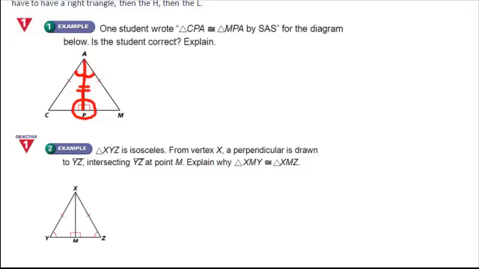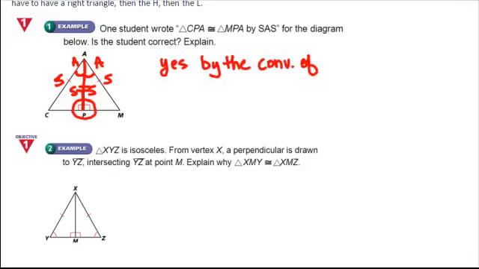And so we clearly do have a side, an angle, and another side marked. And we have a side, an angle, and another side marked. So the answer is yes. We can prove this congruent by side-angle-side. But you would have to have a few statements. So you would say yes, by the converse of theorem 4.5, angle CAP would have to be congruent to angle MAP.